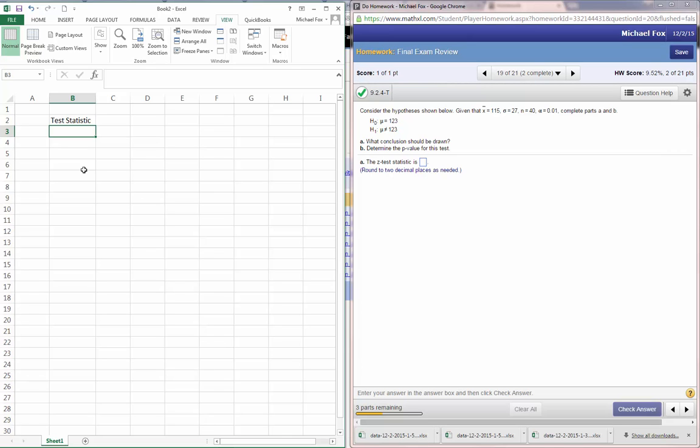So the information we need is the x bar, which is given to us. Here it is, x bar is 115. That would be the sample mean. We also need the population mean from the null hypothesis, which is given to us here as 123.